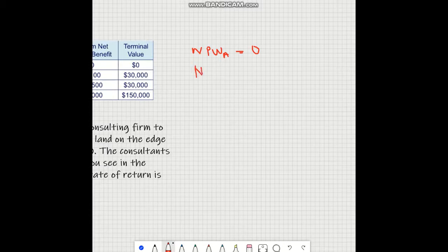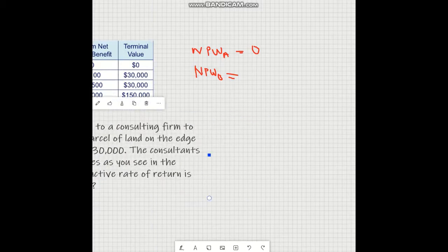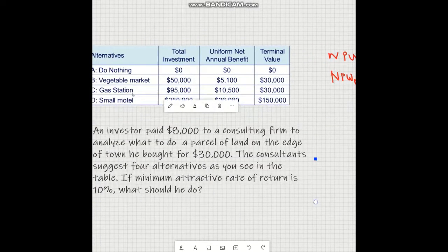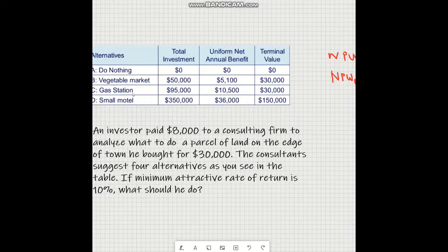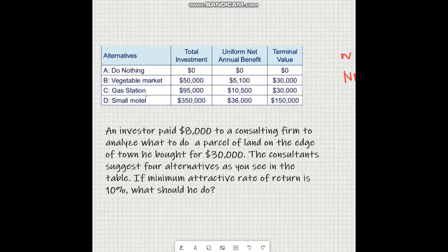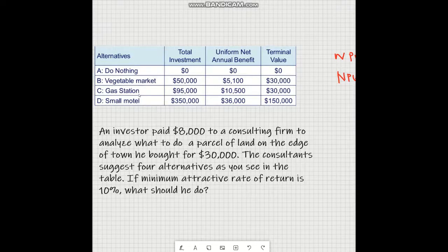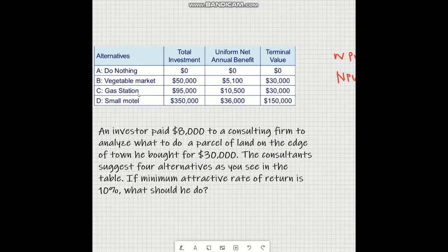Net present worth of alternative B, we are going to evaluate it. So what is it? It says let's open a vegetable market, where the total investment is 50,000. Uniform annual benefit is 5,100 and terminal value after some years, let's take it as 20 years, is going to be 30,000.